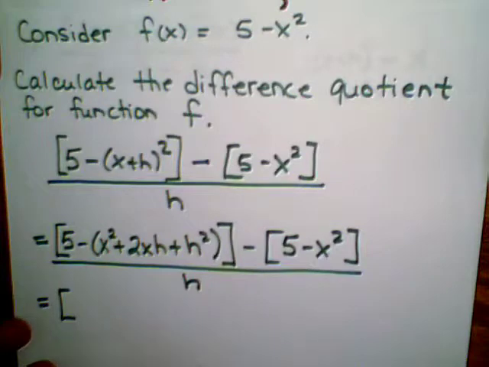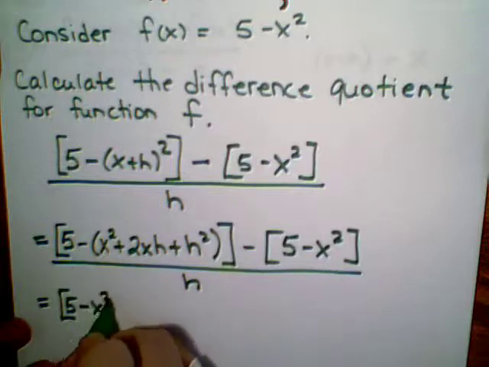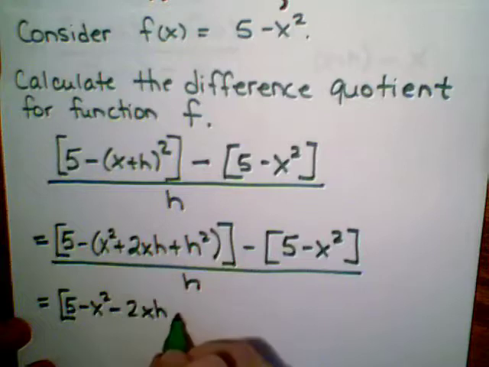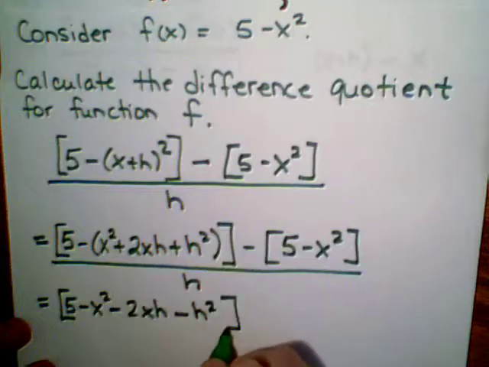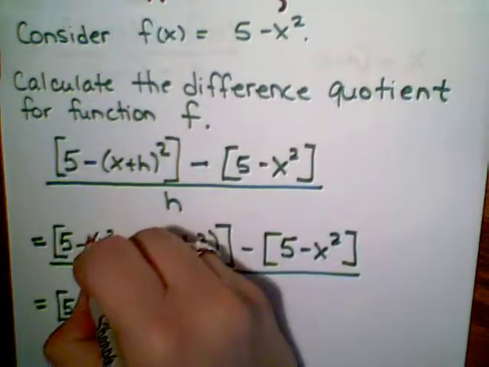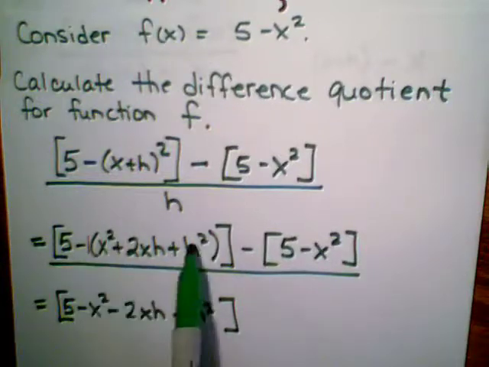In the first set of square brackets, I need to distribute the subtraction. I'm subtracting x squared, but I'm also subtracting the cross terms 2xh. I'm also subtracting h squared. A person might think about an understood -1 being the coefficient in front of those set of parentheses, and a person might think about distributing the -1 to those last three terms.